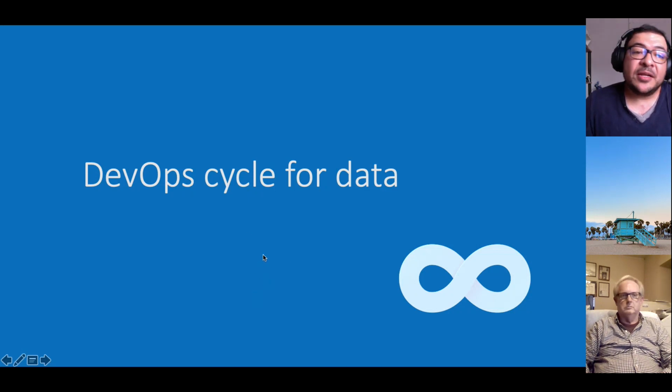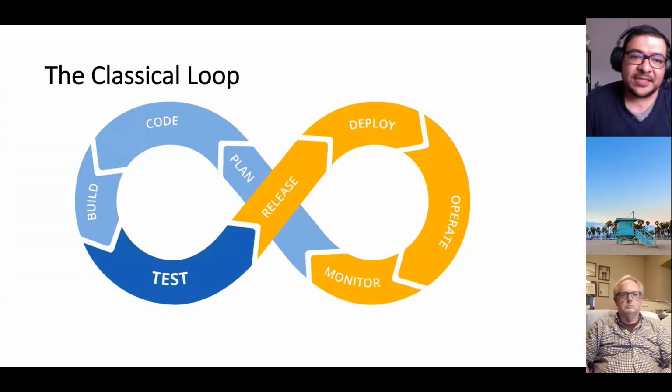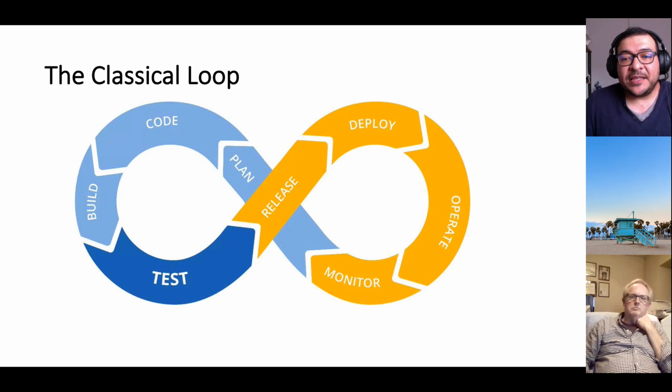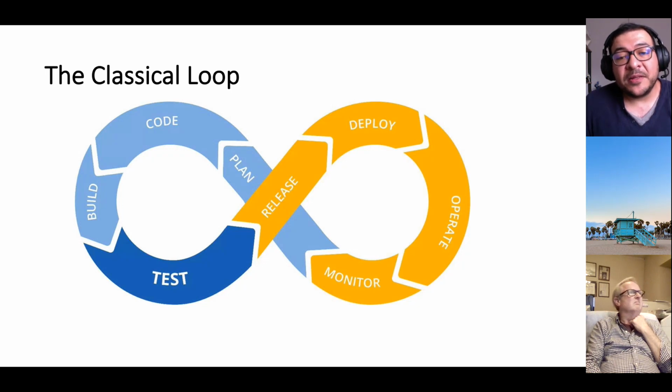So let's talk a little bit about the DevOps cycle for data. That's not for data. This is the classical loop. So this is for everyone. When we see the classical loop, we see the DevOps cycle, we think of the CI/CD process. Right away, something we already have, we take for granted, but this is something cultural as well that is required in our company.